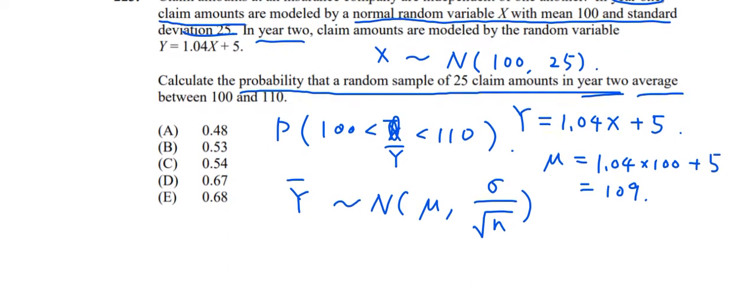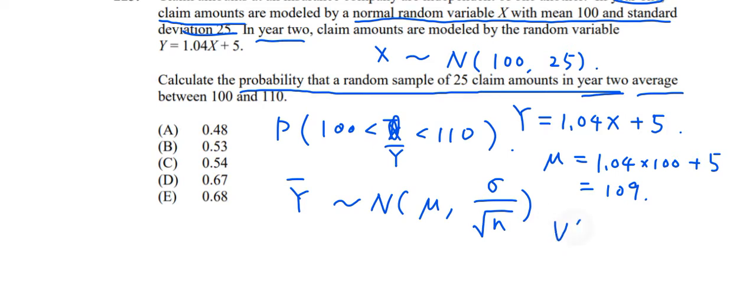So what is sigma or variance for y? Variance of y is just equal to 1.04 squared Vx.